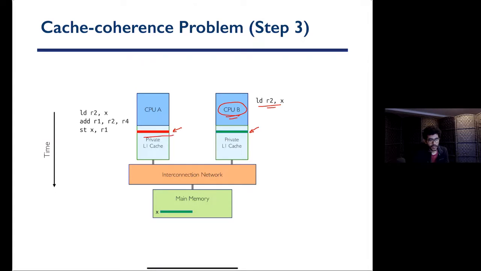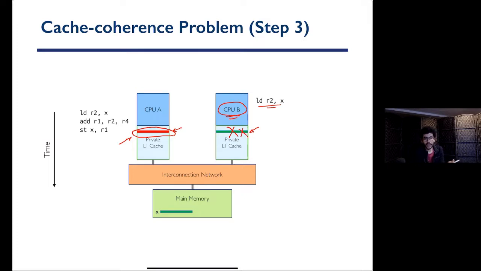The actual data now is this one. So we need a way to tell CPU B that this data is no longer valid for you. Somehow we should tell CPU B after this store happens that you have to invalidate your cache.